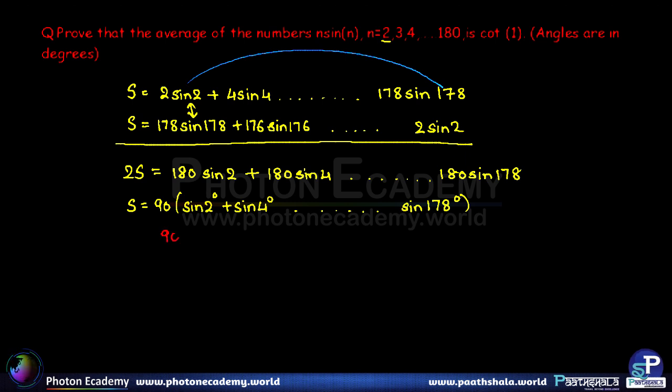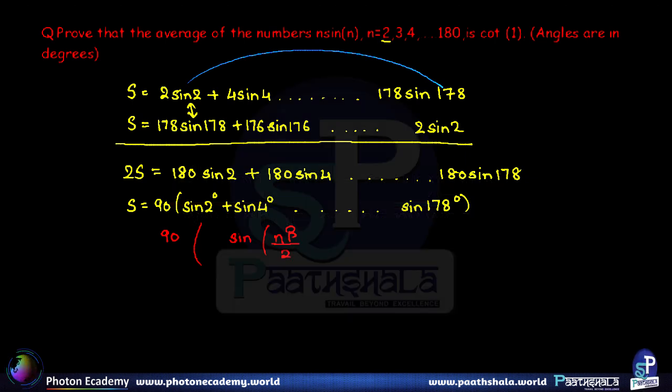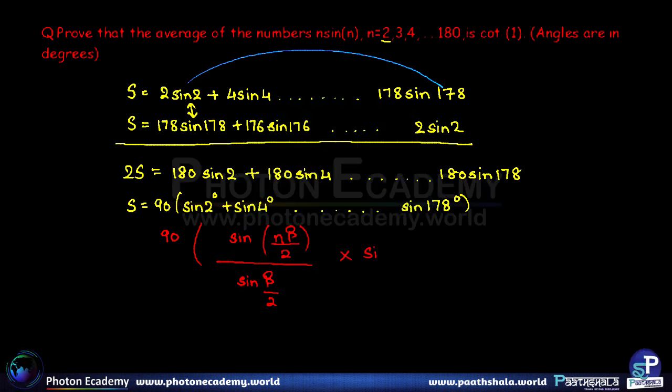So this is 90 into, this is the formula, sine of n beta upon 2 upon sine of beta upon 2, into sine of the first term plus last term upon 2.